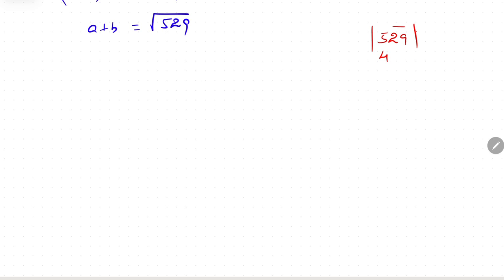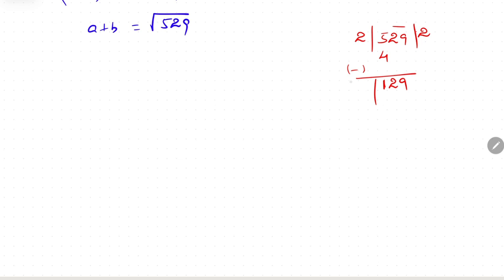So we get 4 on multiplying 2 with 2. 2 into 2 is 4. On subtraction we get 1. We have to drop down these two digits at a time, so we got 129.